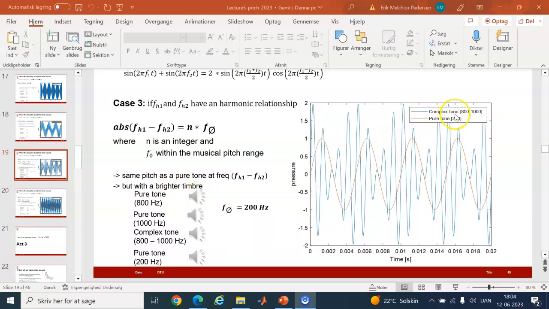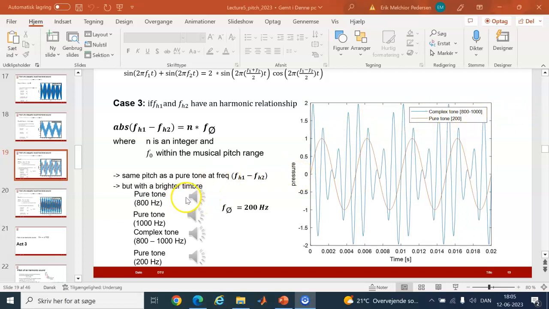The blue one is a complex tone from 800 to 1000 Hz, and the pure tone has a frequency of 200 Hz. The complex tone is 800 Hz and 1000 Hz, and the difference is 200.